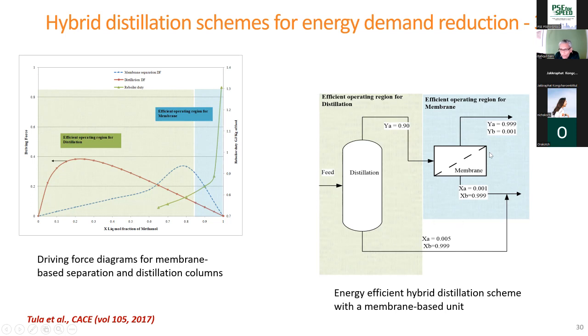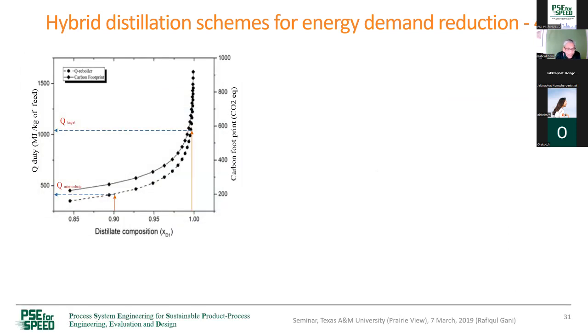So how can we be sure that the energy would be reduced, and how can we pay for it? Let's see. We say that our cutoff point for the distillation will be here, and the purity that we wanted was here. So this difference is the potential saving.